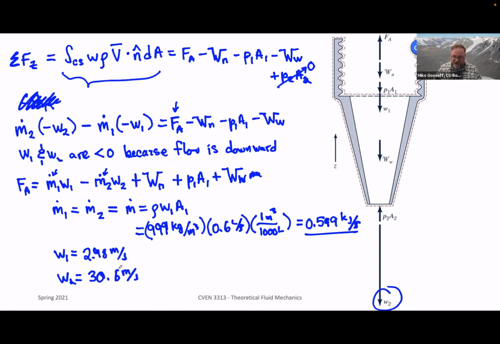All right, and then I'll just also note that the weight N of the nozzle is equal to the mass of the nozzle times g, gravity. So that comes out to be 0.1 kilograms times 9.81.